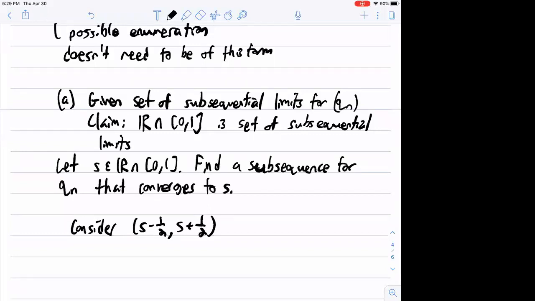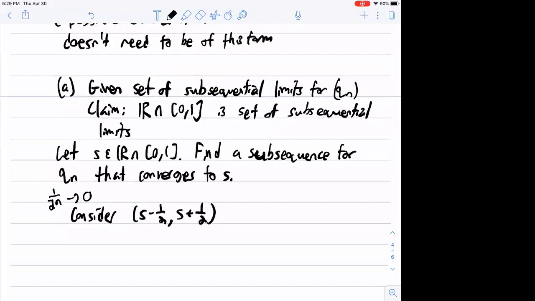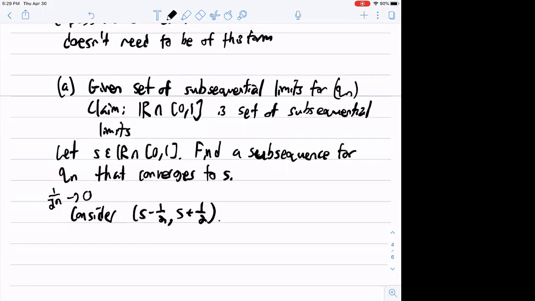I'm just using the fact that 1 over 2 to the n goes to 0.